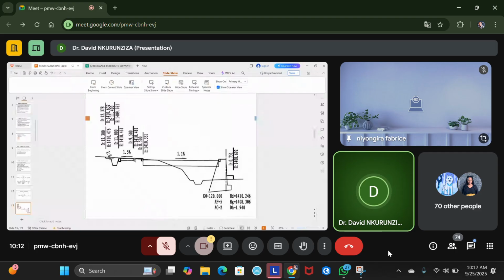Here it's 90.5, meaning the distance in between is just 1 meter. So the road cross section, that's why I said it should have a lot of information in terms of distance. Those are what you call topographic elements. So this diagram that I'm showing you gives us information about topographic elements.